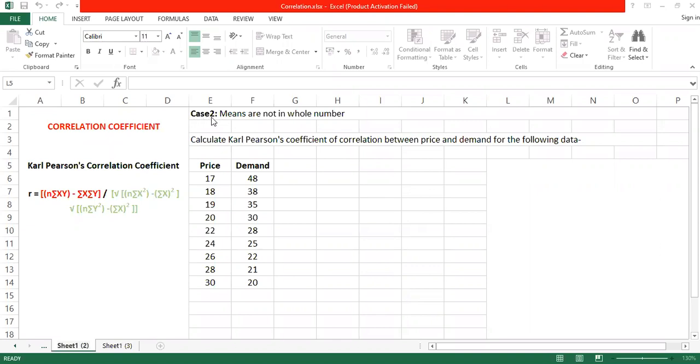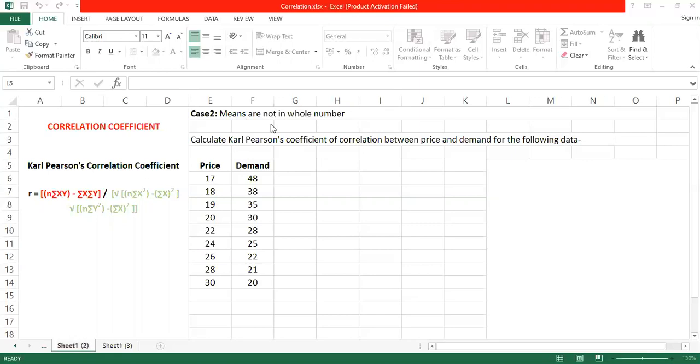We had discussed a case in which the data given for both the variables generate means, and means were in whole number, right? But in our practical or real-time situation, we might end up getting such data which does not give means in whole number, right?